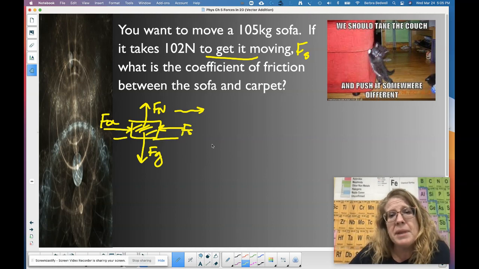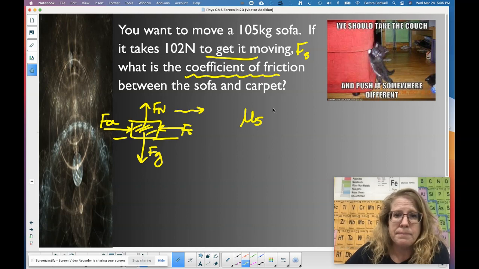So now we can fill some things in to figure out what we've got going on here. We're trying to find the coefficient of friction. So what we really want to know is mu. In this case, we're calculating for mu s. So how do we figure this out?